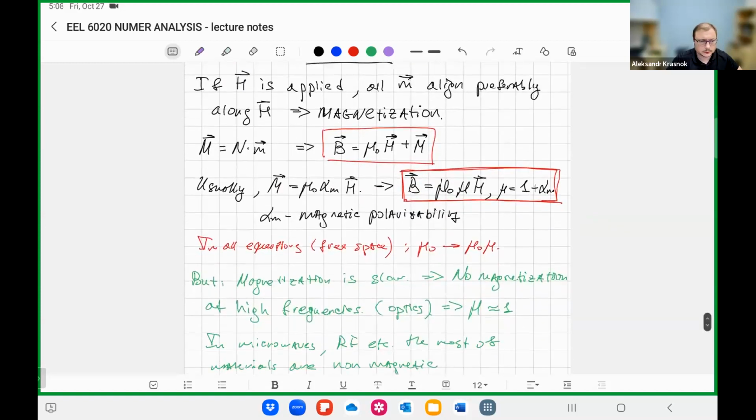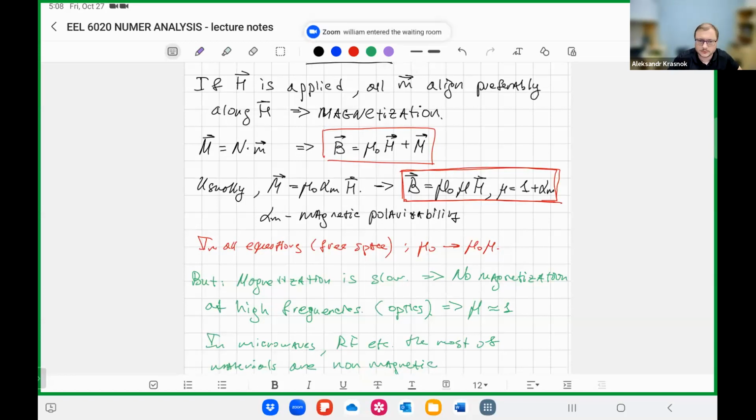The magnetization effects are taken into account by the magnetic permeability coefficient mu, which is also a function of frequency, and it actually depends even more strongly on frequency than permittivity, because, for example, at optical frequencies and high frequencies, typically the magnetic permeability is 1.